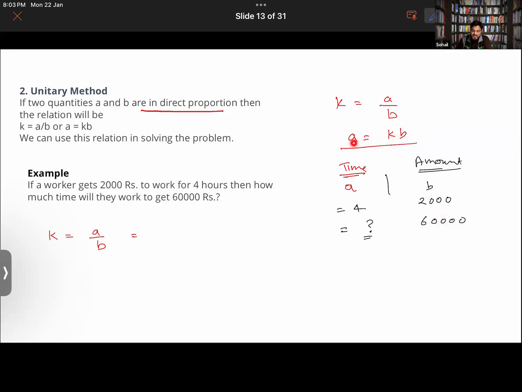We can use this a equals to k into b, and we can solve it in a very easy manner. So by using this method, let's put the given values. So a upon b, a क्या है? Number of hours he is putting, and b is the salary of the person. So that is 4 upon 2,000, and you're getting 1 upon 500, isn't it?